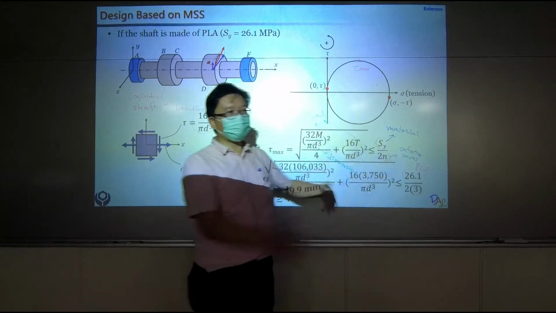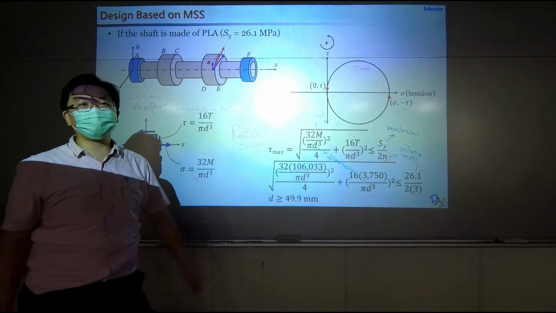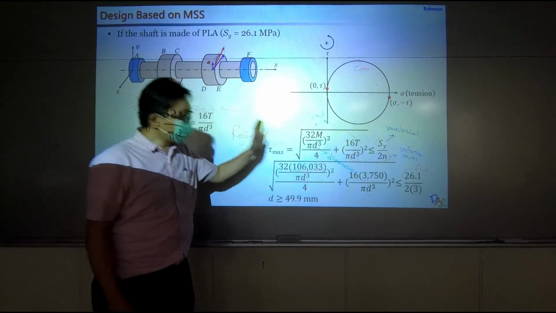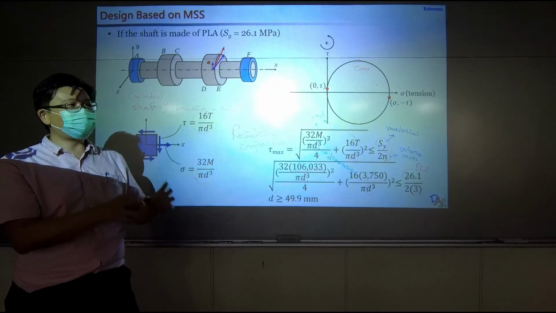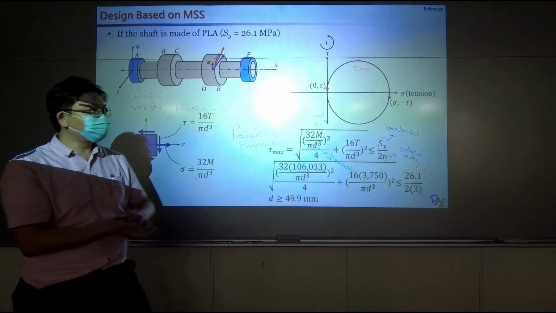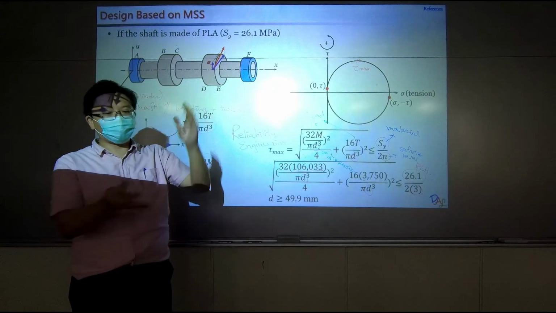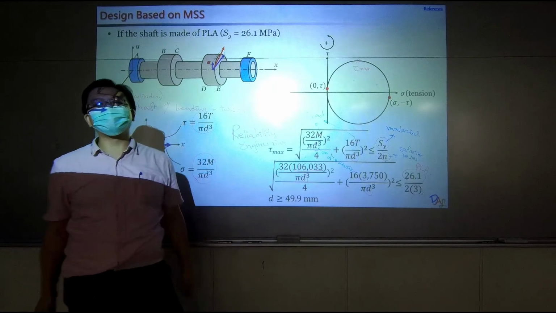Okay, and there are many combinations of this possible problem that are given. And in reality, when you go to a company and you are designing a component, it's always like that. Load, dimension or geometry, material you choose, how safe it is.